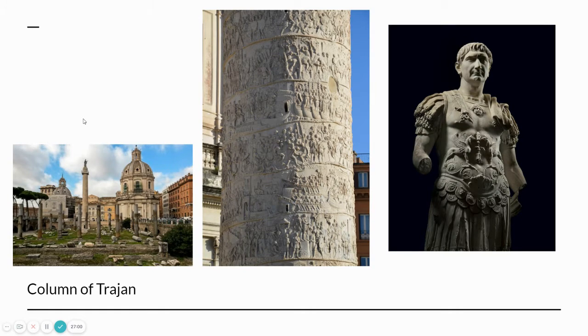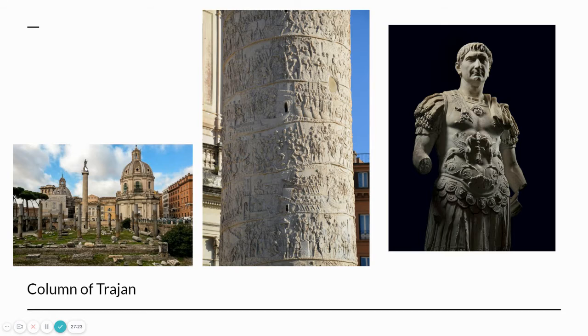And I've given you multiple images here because I felt like this was an image that was kind of hard to understand. So in this picture, this is the Column of Trajan. So we're looking at a complex that we will revisit in the architectural part of our Roman unit.